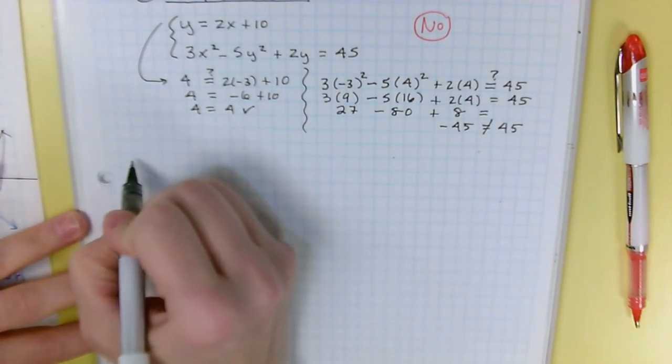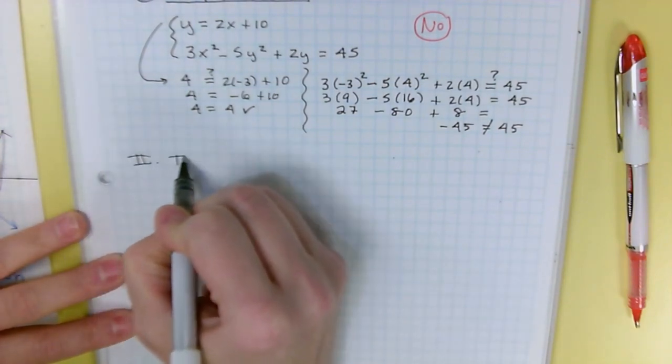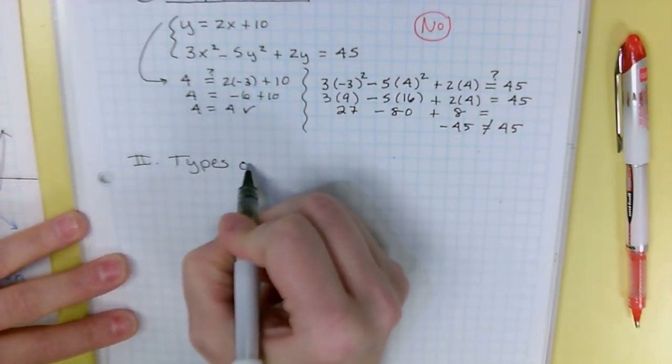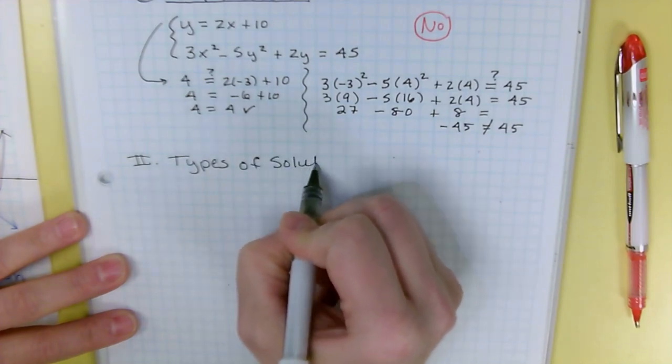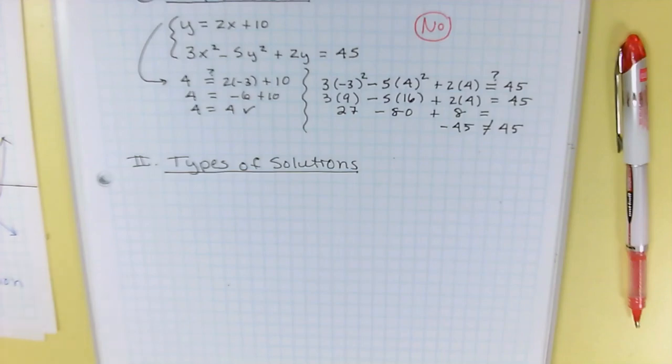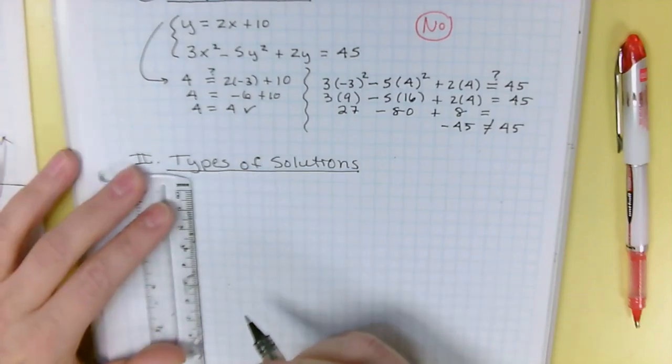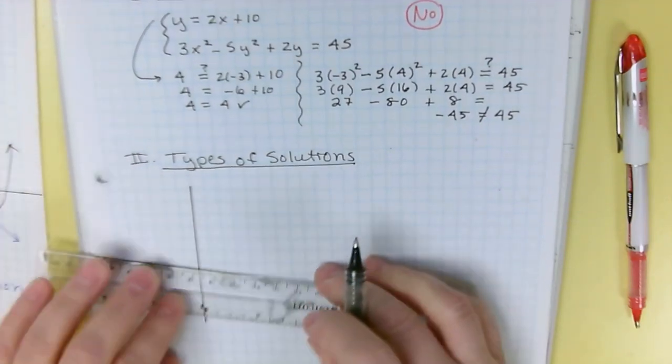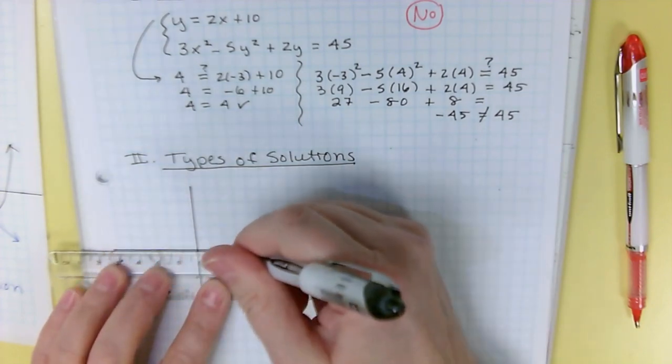Okay, so Roman numeral 2: types of solutions. I want you to draw three little pairs of axes across the page.